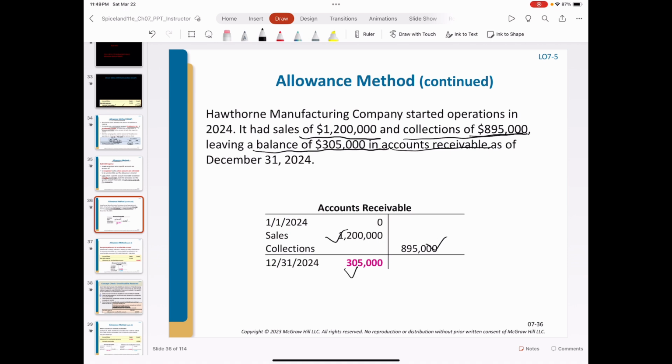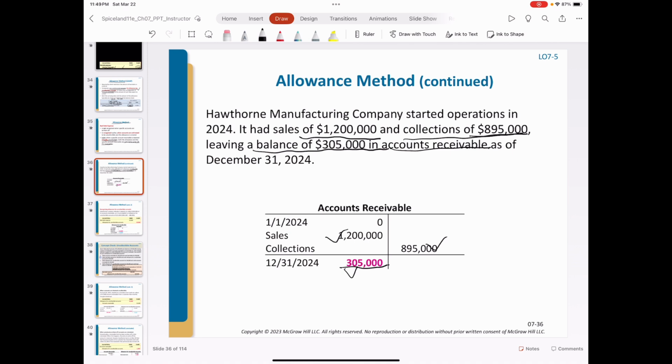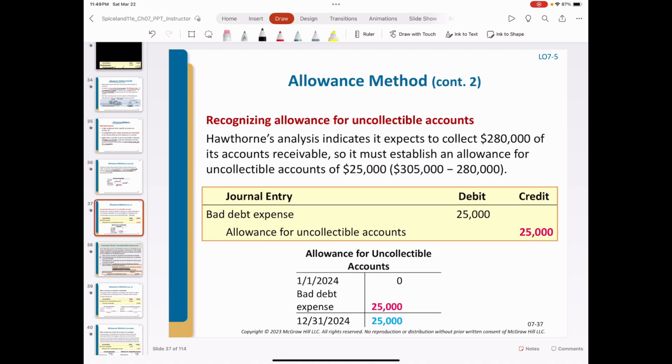The balance of accounts receivable at the end of this year was $305,000. For the allowance method, we should estimate how much will not be collected. In this section, we do not calculate the amount, we just use the given amount. I will introduce the methods to determine the amount in the following section.